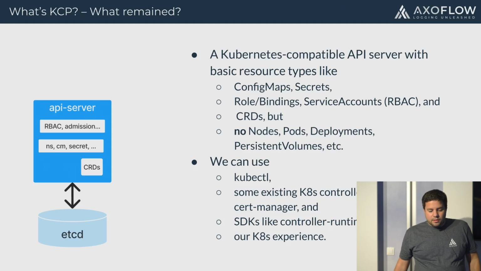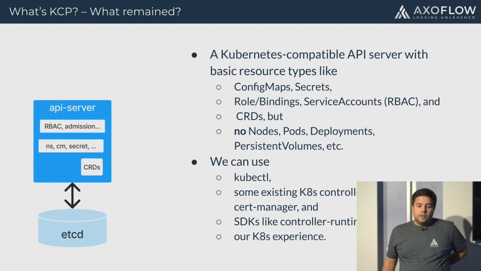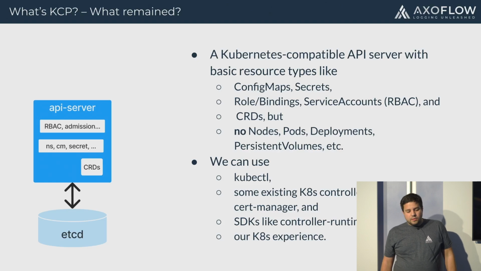The API server, as I said, no longer contains the workload-specific built-in types, but it is still a Kubernetes compatible API server, which has the basic built-in types like the config maps, secrets, the RBAC related resources, also the CRDs, so you can define your own types, but no nodes, pods, deployments, etc. Because it is a Kubernetes compatible API, it also means that you can continue to use kubectl to manage the resources.